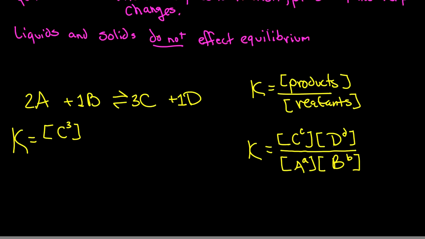Times the concentration of D, in this case the second product, and in this specific case it is D raised to its power. Well, that's just a 1. Over the reactants. Well, reactants are A and B. So A raised to its power, which is 2, so it's going to be squared, times the concentration of B raised to its power.